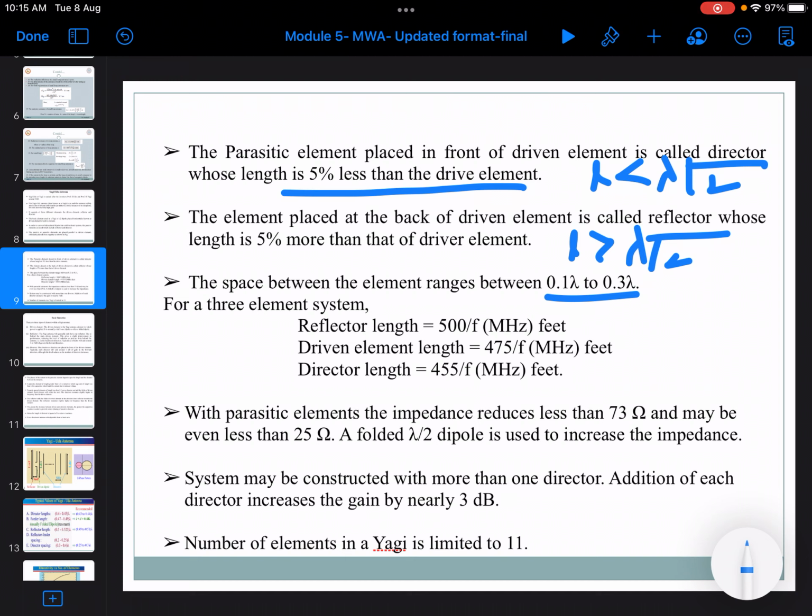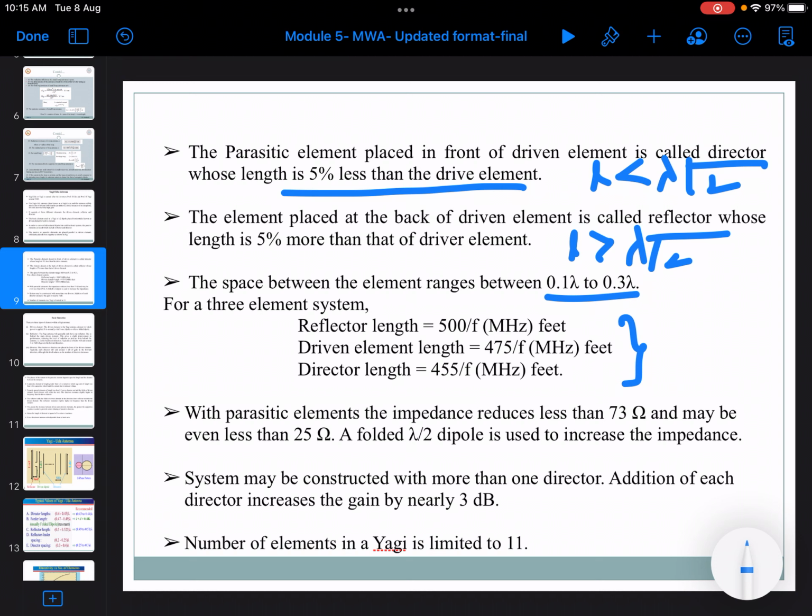So these are for a particular basic Yagi antenna, which has to maintain the driven element, director and reflector lengths, as you can observe. With the parasitic elements, the impedance usually reduces.